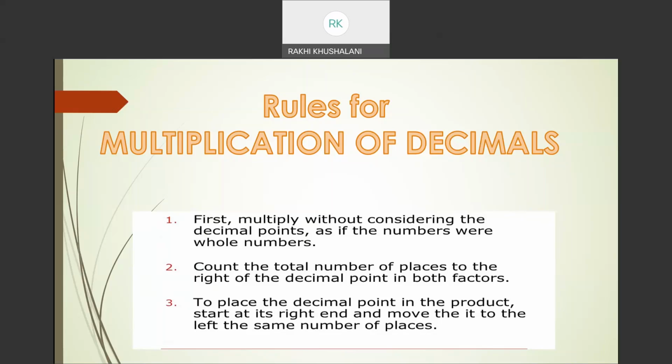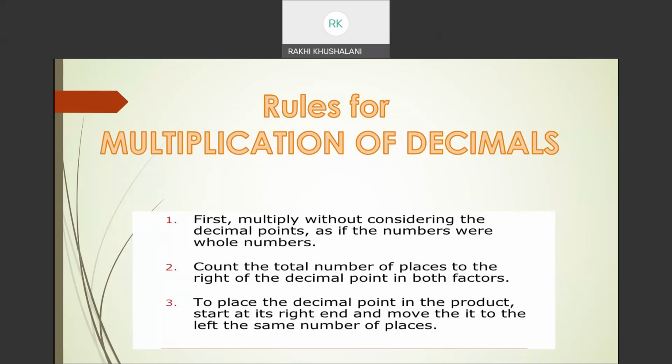ठीक है? Decimal के पहले तो सब whole numbers होते हैं. Decimal के बाद वाले जो digits होते हैं वो decimal numbers होते हैं. So you have to count the total number of places to the right of the decimal point in both the factors that you're multiplying.